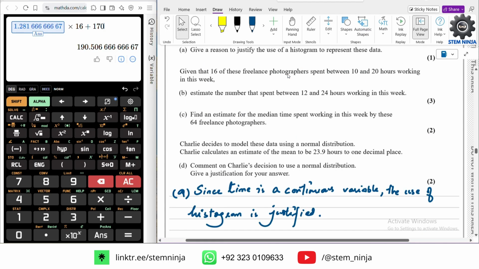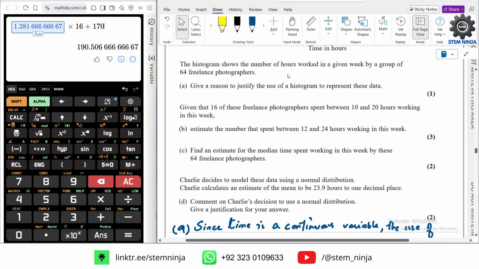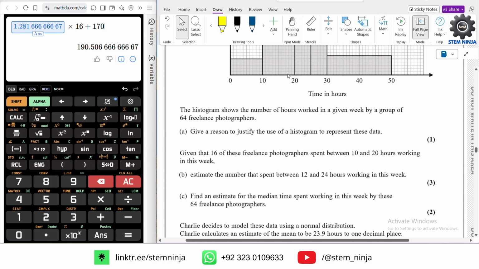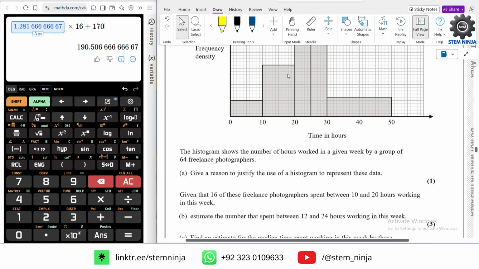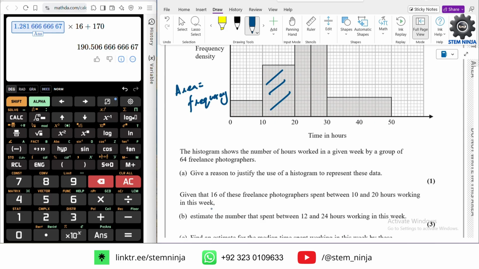Okay. Given that 16 of these freelance photographers spent between 10 and 20 hours working in this week. So basically, remember, the area under a bar corresponds to the frequency. So they have given us the frequency under this bar. Estimate the number that spent between 12 and 24 hours.